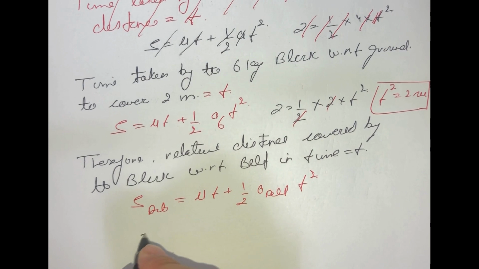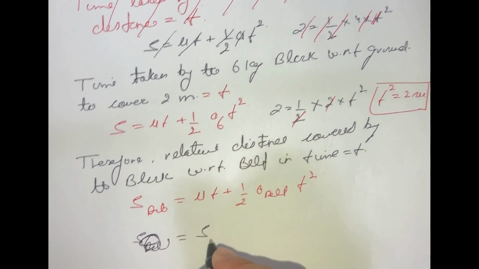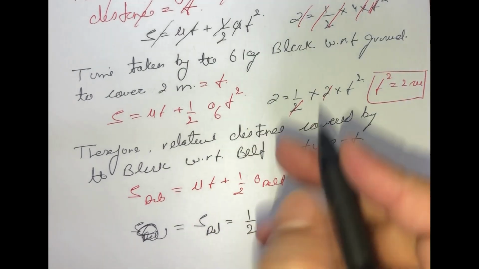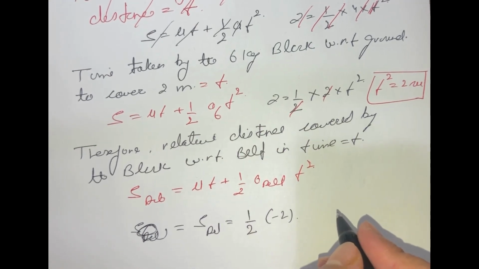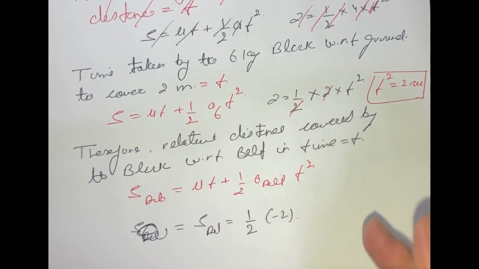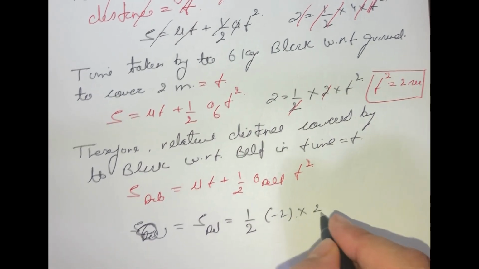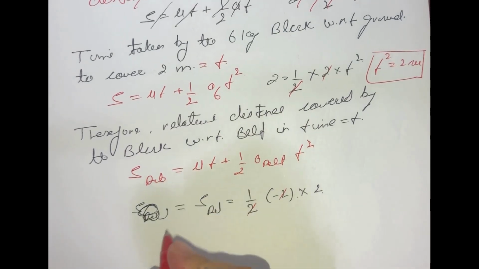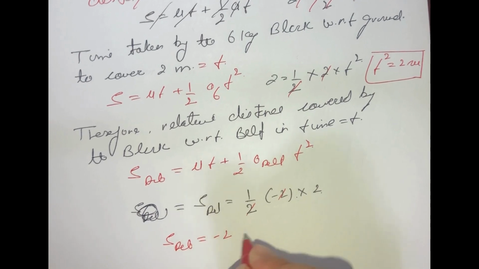So from here we can find out that the s relative distance is equal to half, a relative is given as minus 2, and our t square is 2 seconds. So 2 cancels with 2, so we get s relative is equal to minus 2 meters.